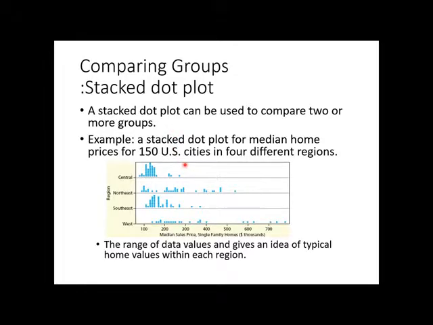If we draw the dot plot like this, then we can compare the data distribution of one data set with the other data sets. For example, the median home prices of 150 US cities.